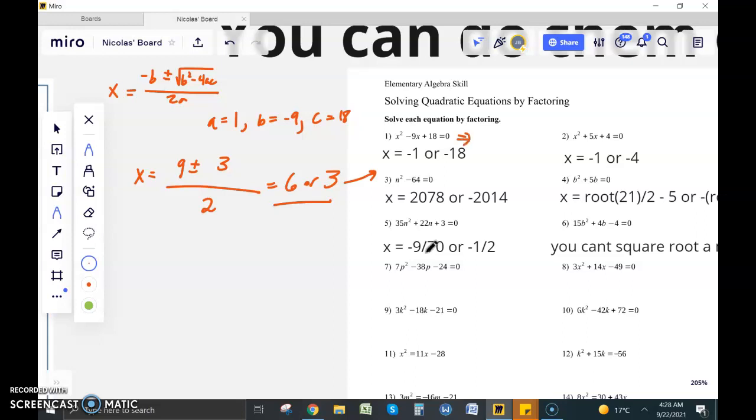And we could have also just factored this normally, right? Because what are the factors of 18 that add up to 9? Well, negative 6, negative 3, so it's just x minus 6, x minus 3 equals 0. My solutions are x equals 6 or x equals 3. All right, so just double check your work on that. Maybe there was a little typo or something with the formula, but hopefully that makes sense.